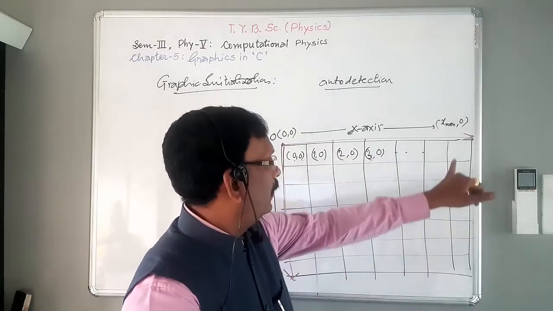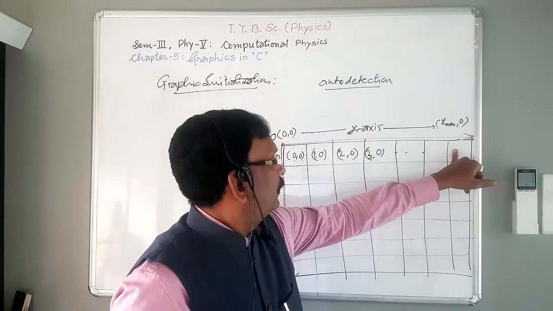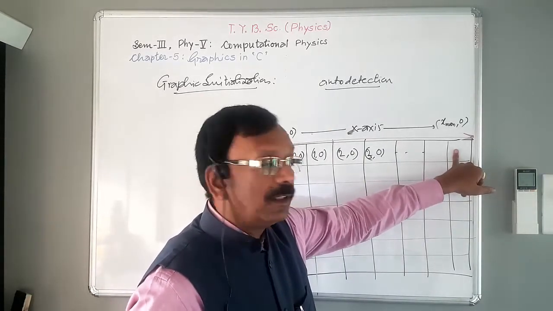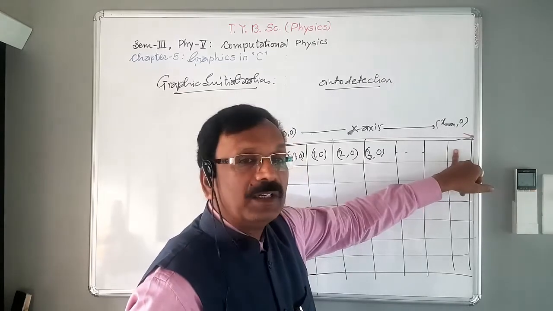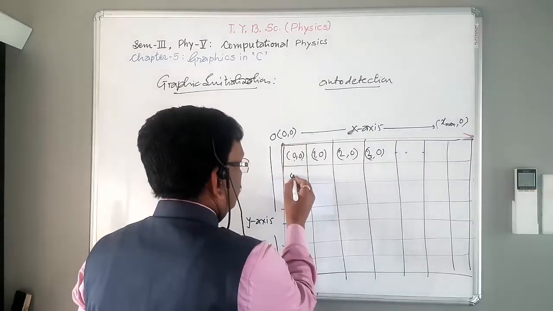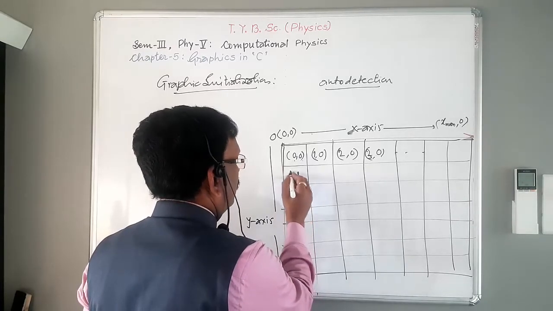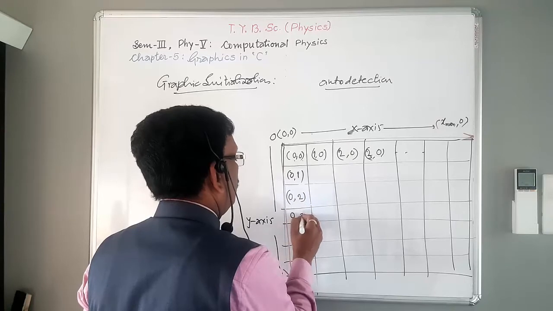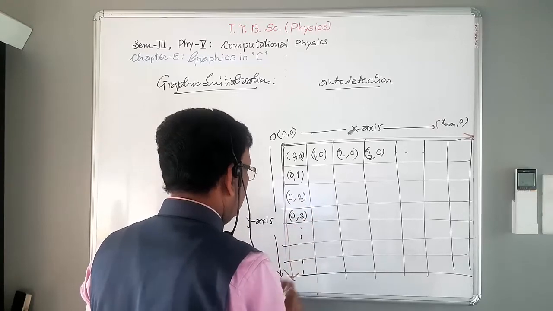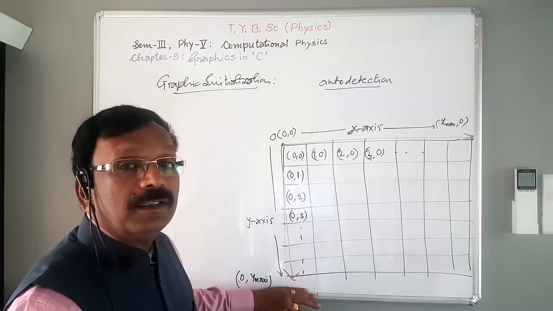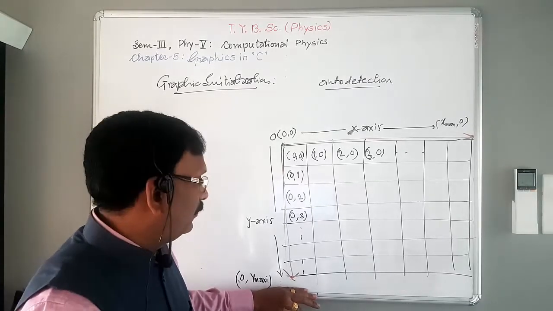And here the column number is maximum and the row is 0th row. Now here, 0 column, first row. 0 column, second row. 0 column, third row. In this way, here the 0th column and the y coordinate is maximum.